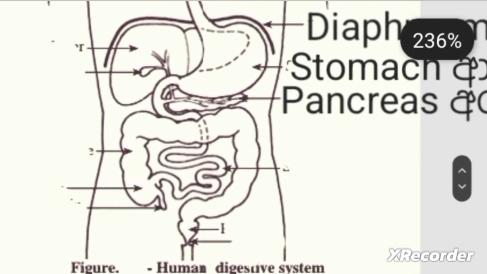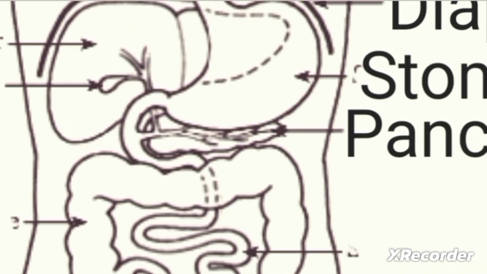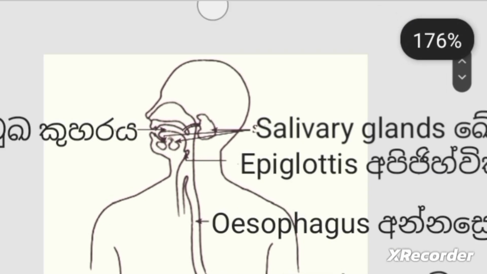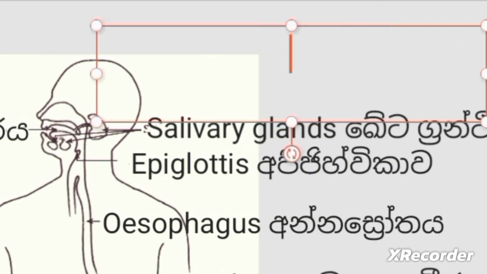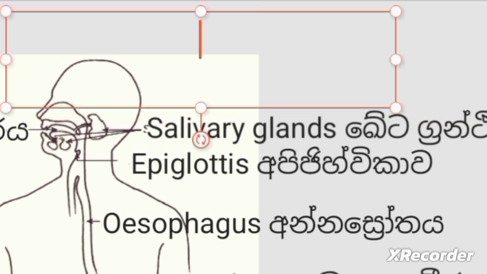Then we have to label this small tube. You can see this, which connects to a larger tube. We can label it as small intestine.